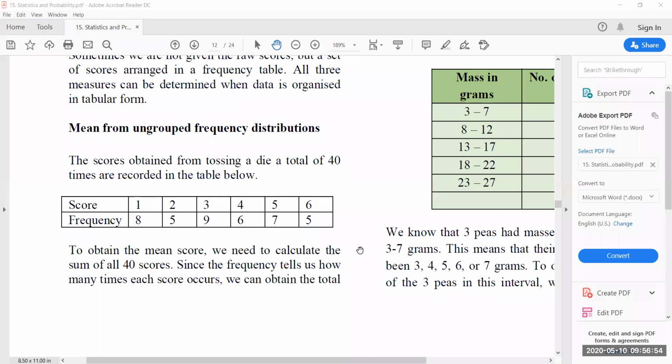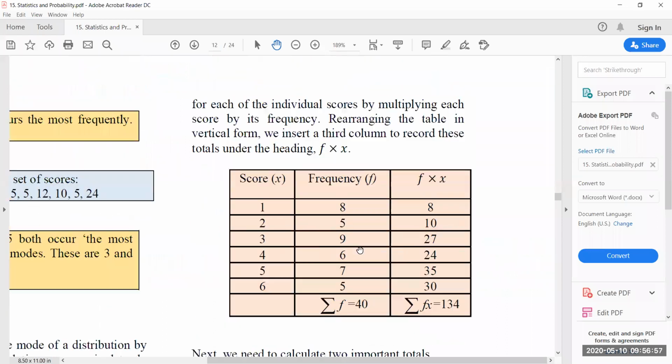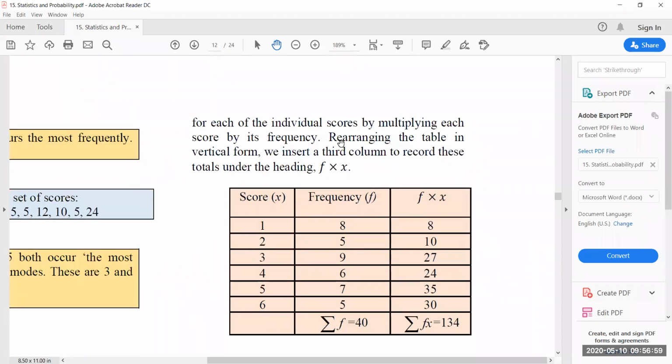We can obtain the total for each individual score by multiplying each score by the frequency. These are the faces of the die. Remember, a die has 6 faces: a 1, a 2, a 3, a 4, a 5, and a 6th face. This is how many times they occurred. So to use the frequency, we multiply.